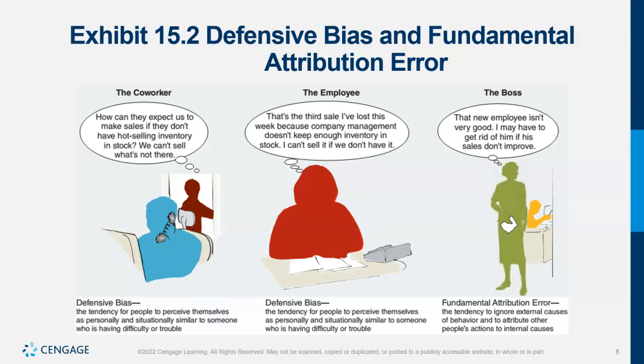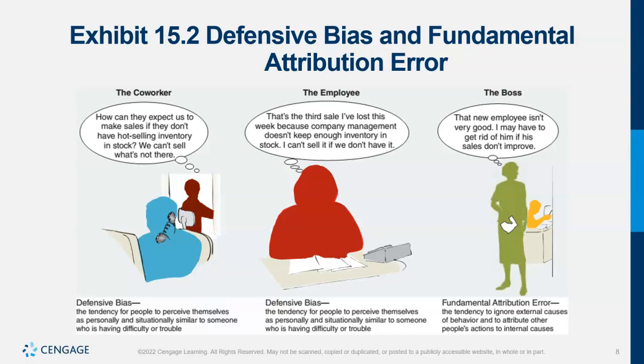Your book also talks about defensive bias and the fundamental attribution error. Defensive bias is the tendency for people to perceive themselves as personally and situationally similar to someone who's having difficulty or trouble. The fundamental attribution error is the tendency to ignore external causes of behavior and attribute issues to other people's actions.